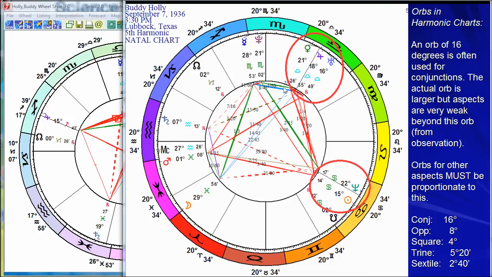All of that's taken care of for you if you have software set to these orbs for you and draws the lines in. Then you can just look at the lines, and you don't have to go through lists of numbers. If you see a line there and the line is thin, then it means it's within orb, but the line is thin means it's weaker. And if it's big and fat and thick, then you know it's stronger.